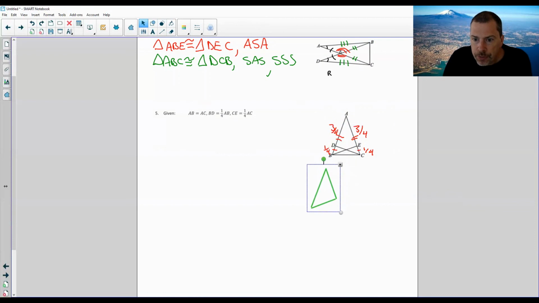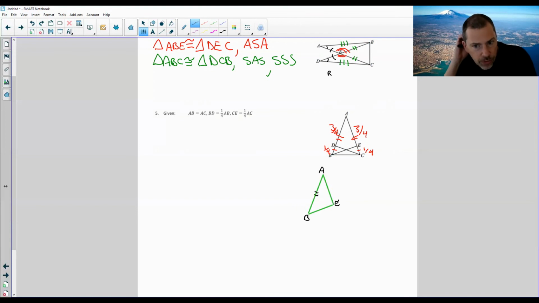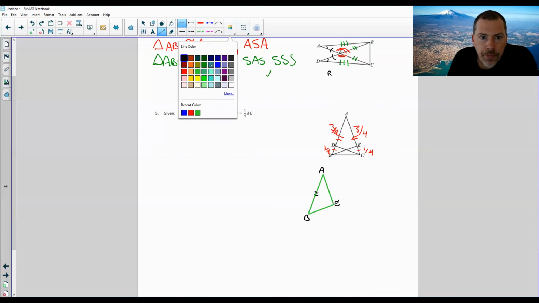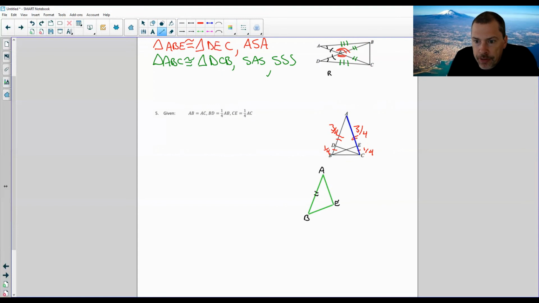So I move that out of the way. Let me label its vertices. This was A, this was B, and this is E. And I know that this is congruent to, that's AB. Now I'm going to do another triangle. Let's do this one in blue. So I did ABE, now I'm going to do ACD.